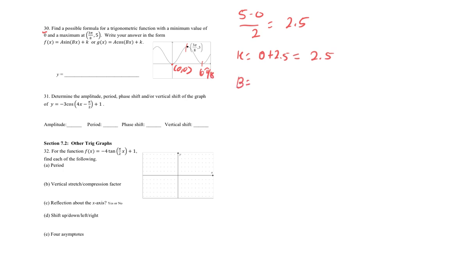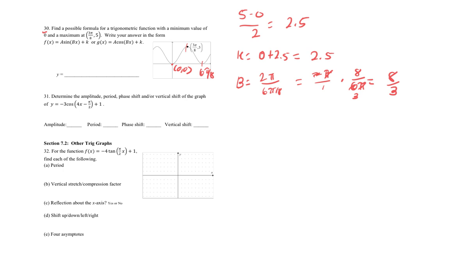So our b will be 2 pi divided by 6 pi over 8. 2 pi over 1 times 8 over 6 pi. Pi's will cancel out. That will reduce down to 3. So we get 8/3 for our b value.